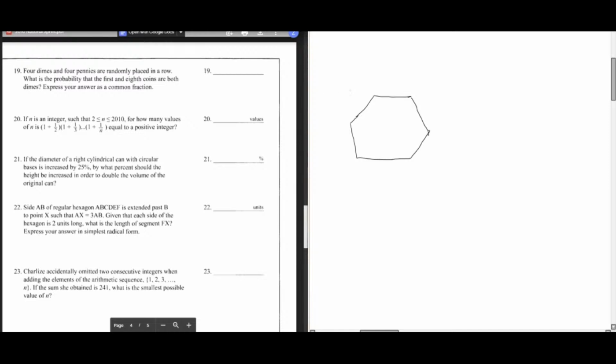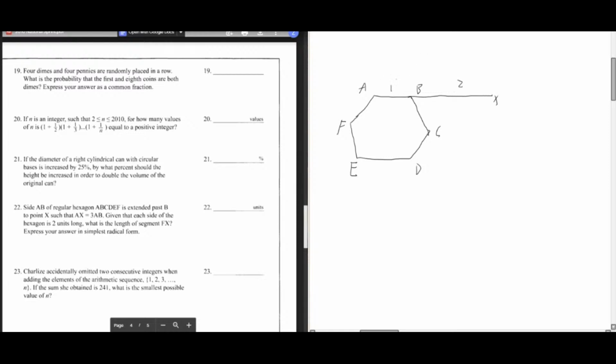Okay, A B C D E F, and we are extending past B to point X such that AX equals 3AB. So AX is going to be somewhere around here. Here's X. So this is going to be 1, this is going to be 2.